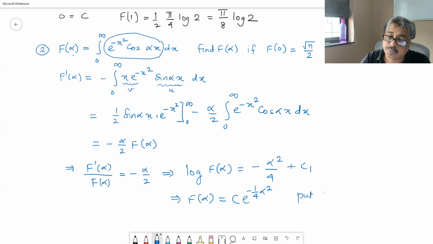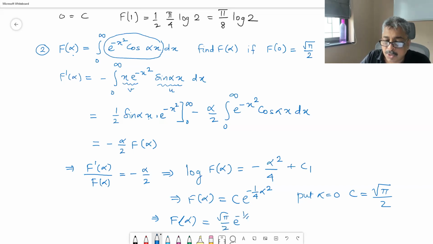Put alpha is equal to 0, c is equal to root pi by 2, and therefore your final f of alpha is equal to root pi by 2 e raised to minus 1 by 4 alpha square. Okay, this is what it is. Any questions?